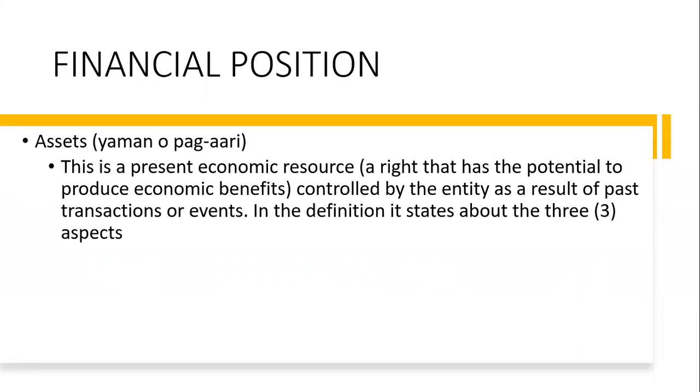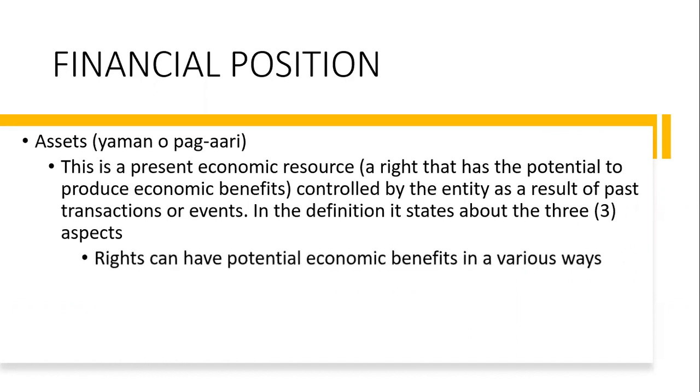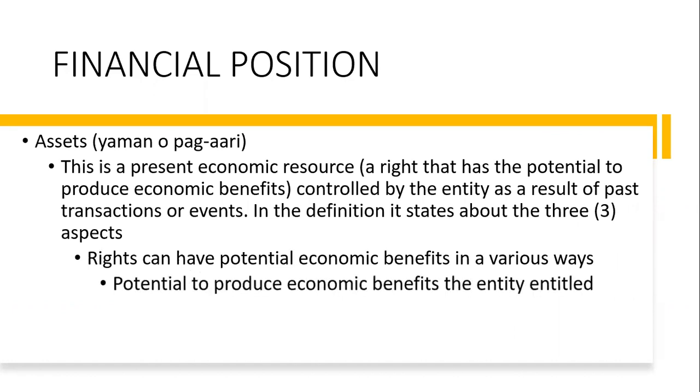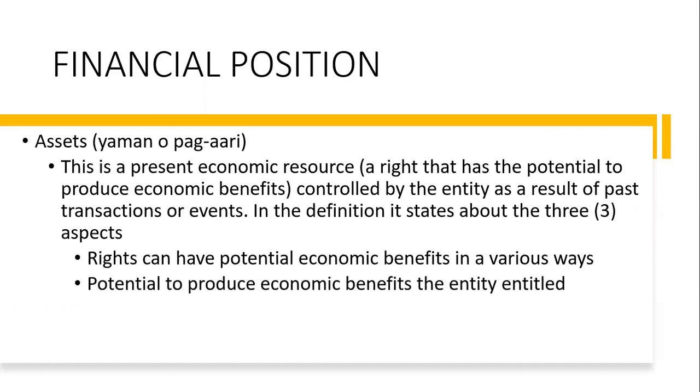By this definition, it states three aspects. The first one is that you have a right. A right can have potential economic benefits in various ways. It produces economic benefits to be used in the production or in the office. So, it has the potential to produce economic benefits to the entity.